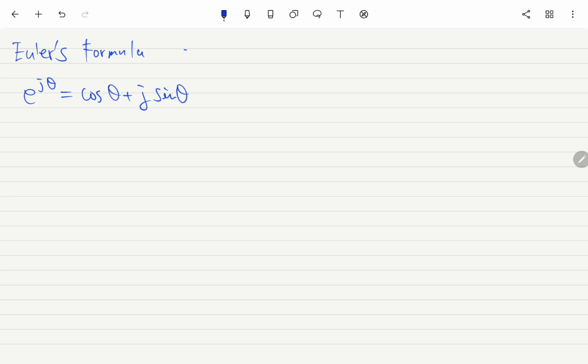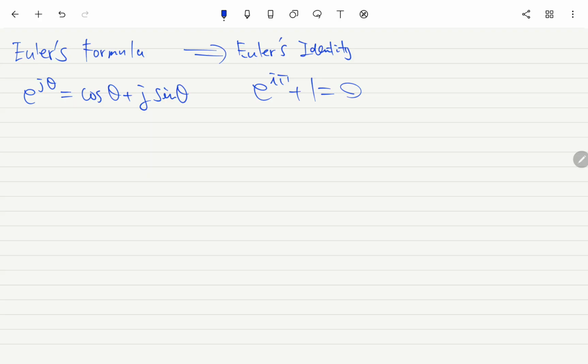One special case is called Euler's identity, which is exponential to i pi plus 1 equals 0. If you just plug in theta to be pi, which is 180 degrees, then the left side will be exponential to i pi, or j pi.